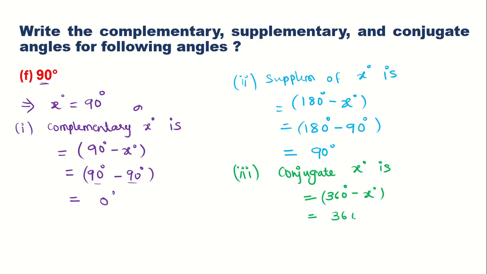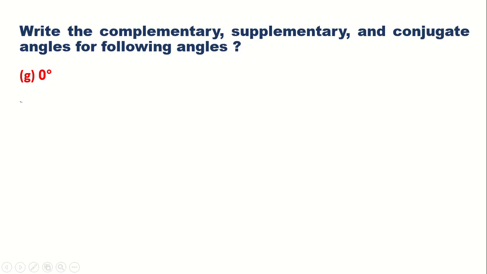Now, 360 degrees minus what is given x? 90 degrees. So, how much is 360 minus 90? It is 270. For given x degrees, that is 90 degrees, the complementary angle is 0 degrees, supplementary angle is 90 degrees, and conjugate angle is 270 degrees.